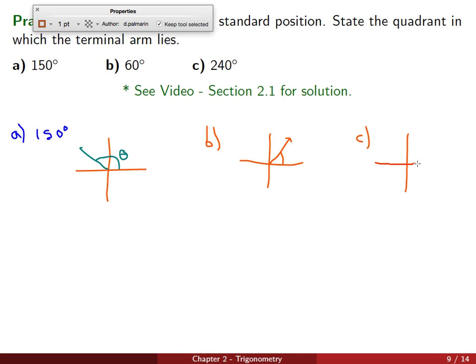You're going to have to be familiar with this Y right here. That is 90 degrees. Then we have 180 degrees, and 270 here. So 240 will be somewhere around here. And that's how you draw the full angle.